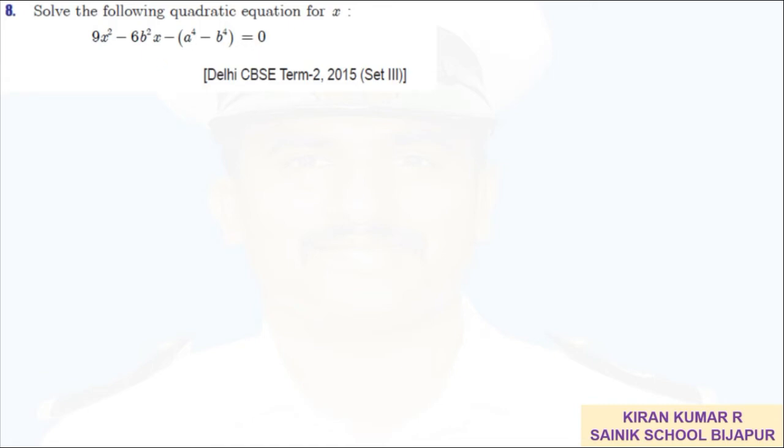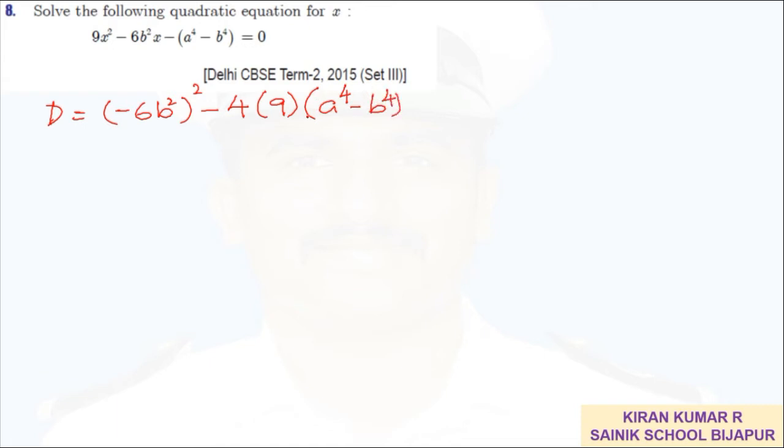It becomes easy if I use the quadratic formula. Let me first find the d value, which is b square, which is (minus 6b square) whole square minus 4ac, 4 into 9 into (a raised to the power 4 minus b raised to the power 4).